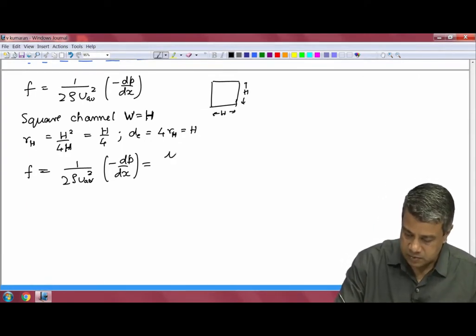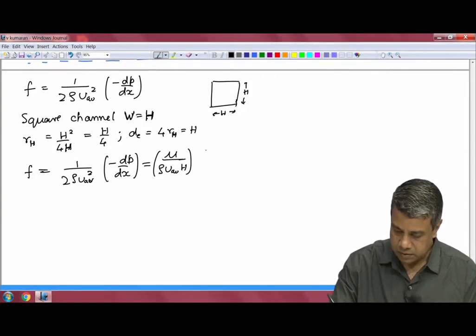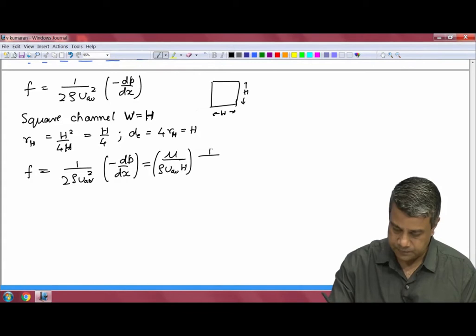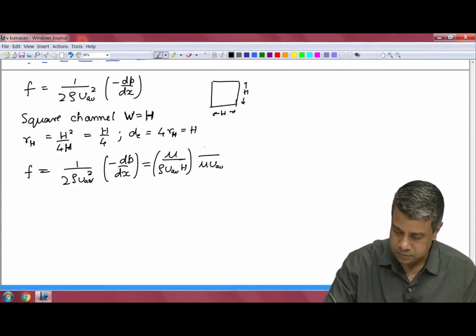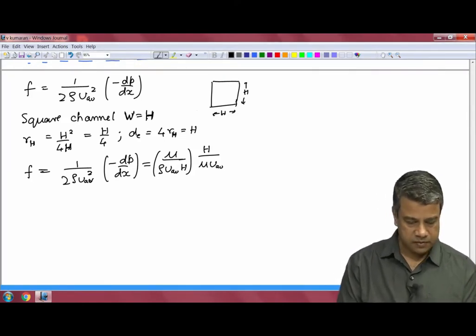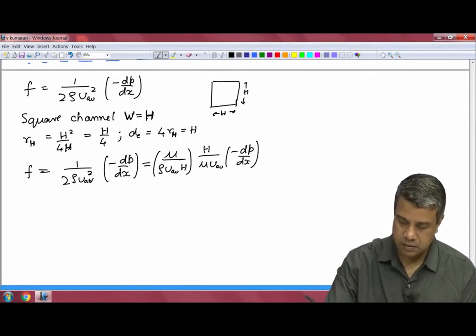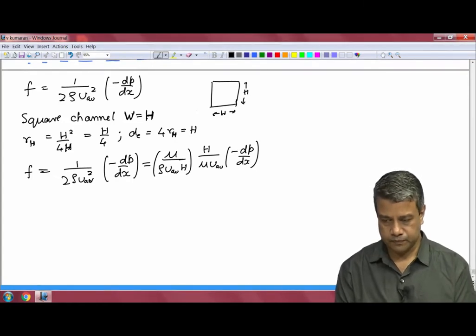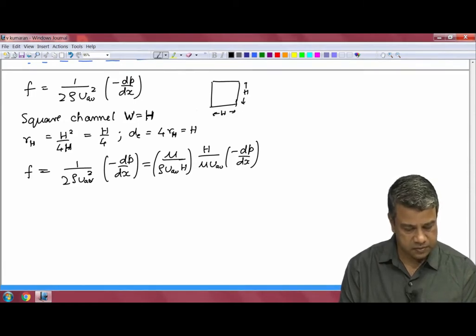So, I will write this as mu by rho V average H, into H by mu times V average times dP by dx. So, this scales as 1 over the Reynolds number.